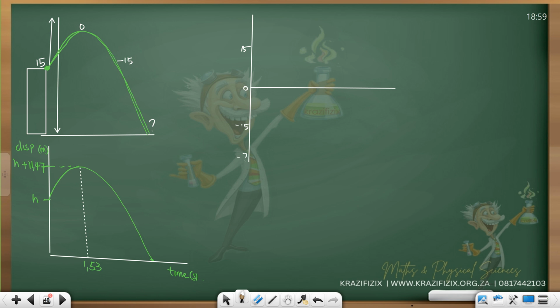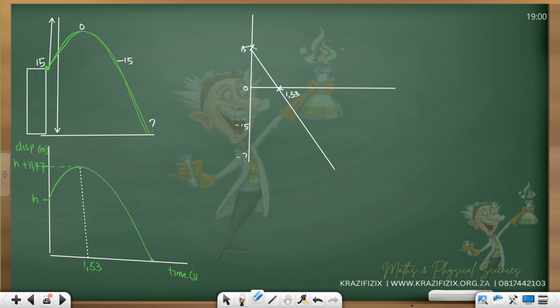This object started at 15. Beautiful. It went to 0. It came to negative 15. And then to a particular one I don't know. Straight line graph. And we're done. And what time is this, by the way? Which time did it reach the maximum height? 1,53.